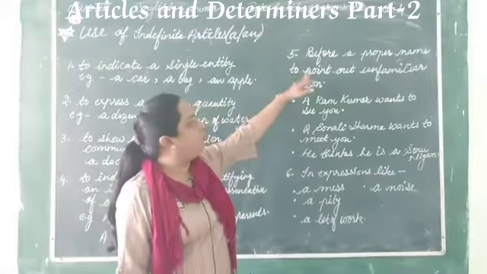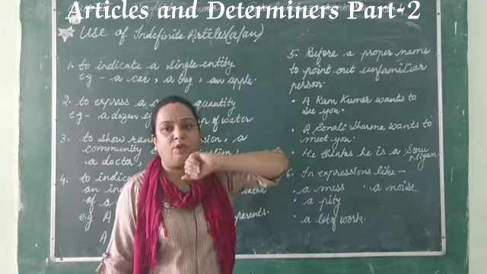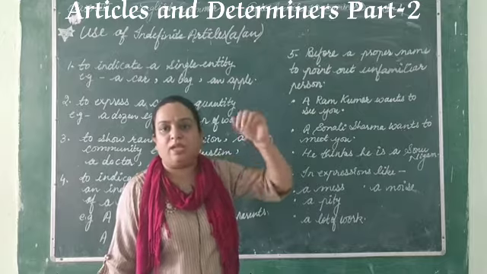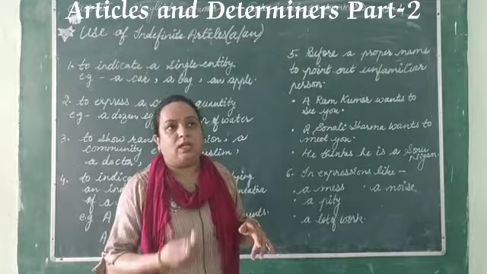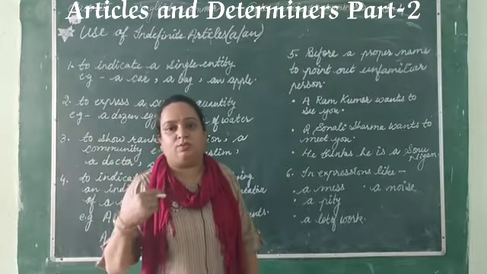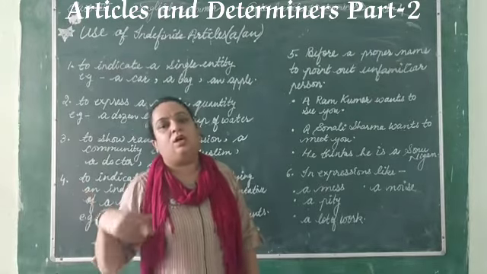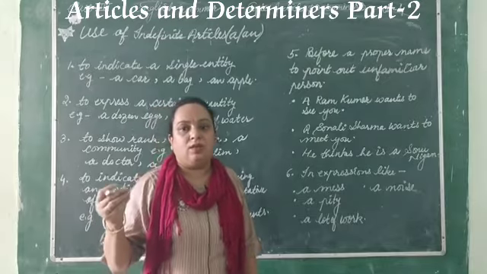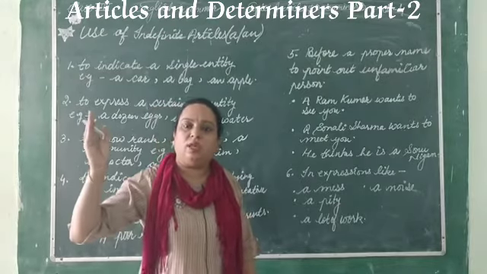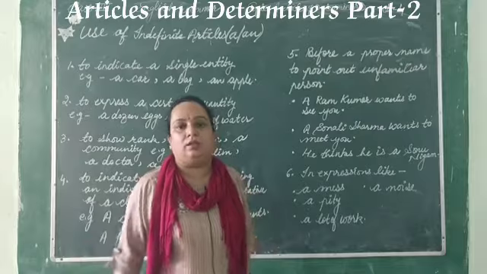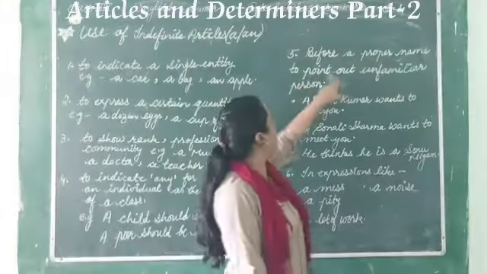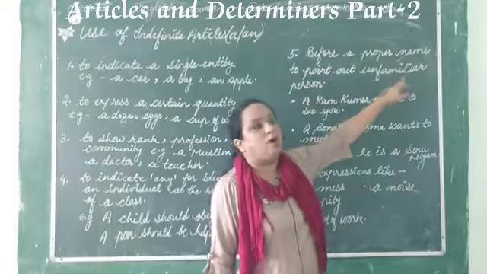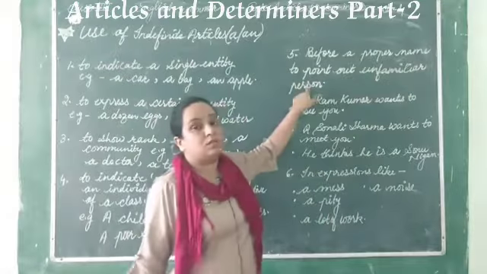Clear? So generally what happens with proper nouns, with the names actually we will not use anything. Okay, generally students make this mistake in question and answers when they write down the answers with names also, they keep on writing the and like this. So here what we have learned is that before a proper name, to point out unfamiliar person.